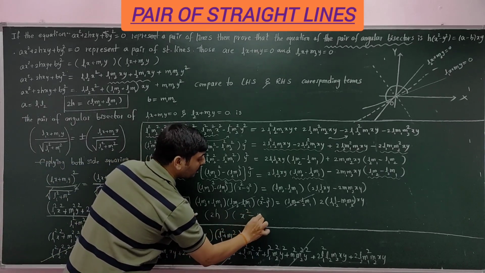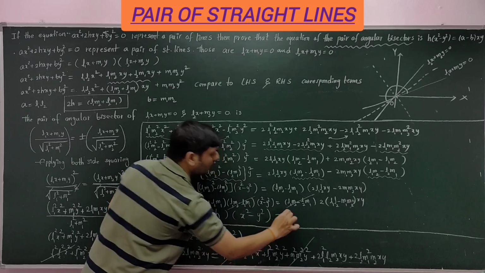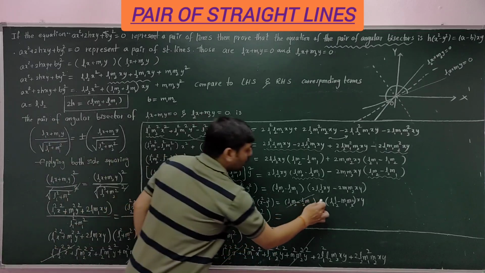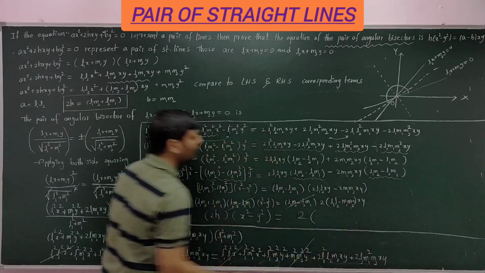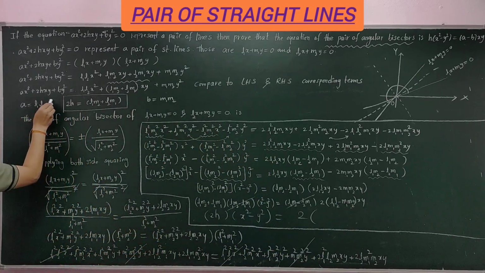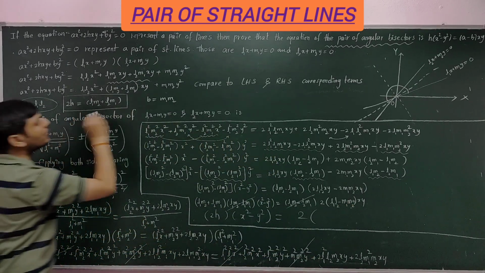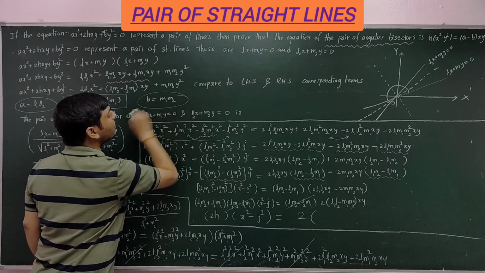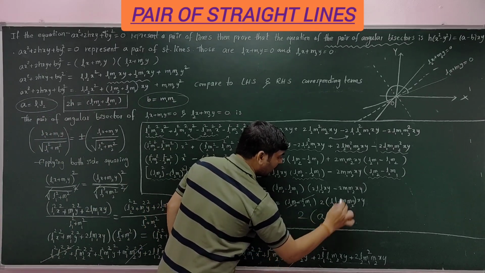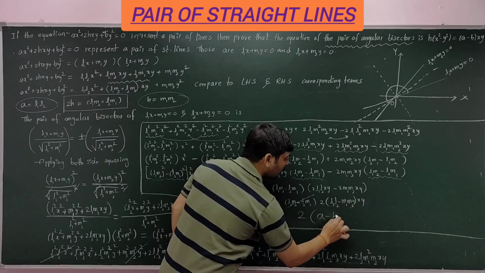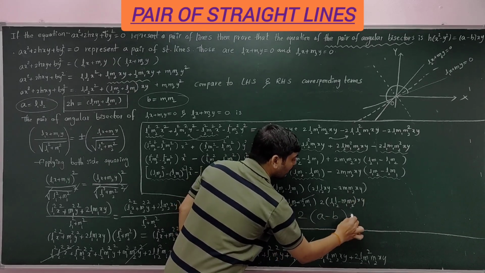The remaining term, tell me here: x square minus y square is equal to 2 of L1 L2 M1 M2. Where L1 L2 is A and M1 M2 is B: (L1 L2 A minus M1 M2 B) into XY.